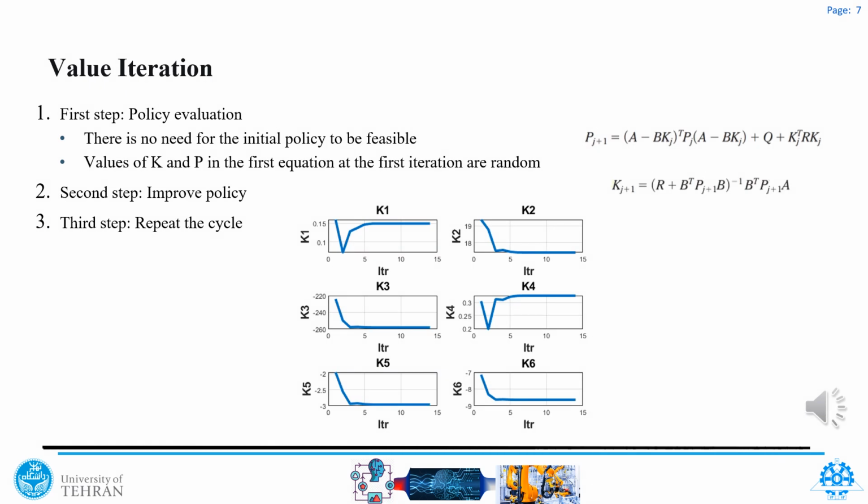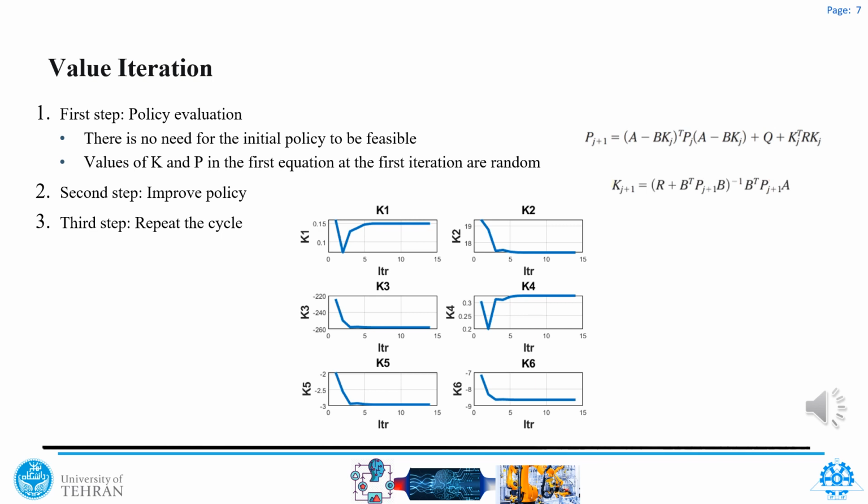To replace the Riccati equation with value iteration, we should follow 3 steps. At the first step, we have policy evaluation, in which we initialize K and P matrix to find the optimal P matrix, and then we have improved policy, and in this step we use the second equation to find the optimal policy.